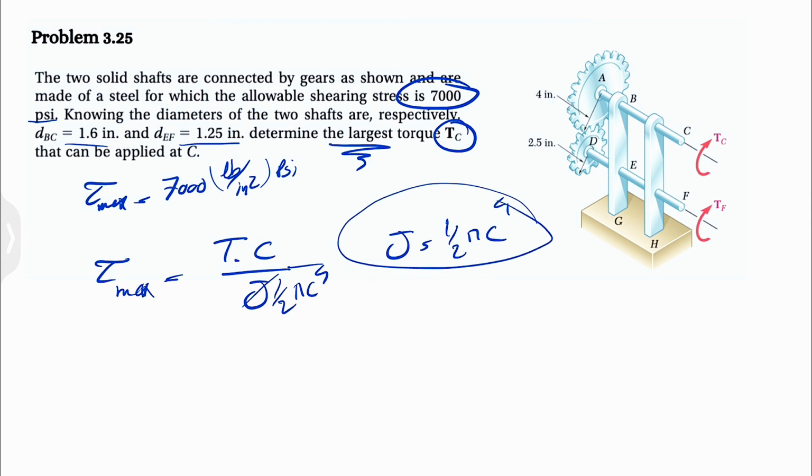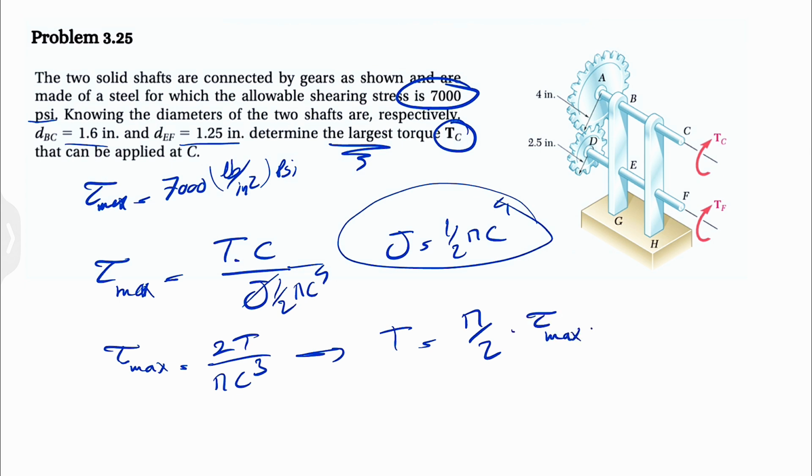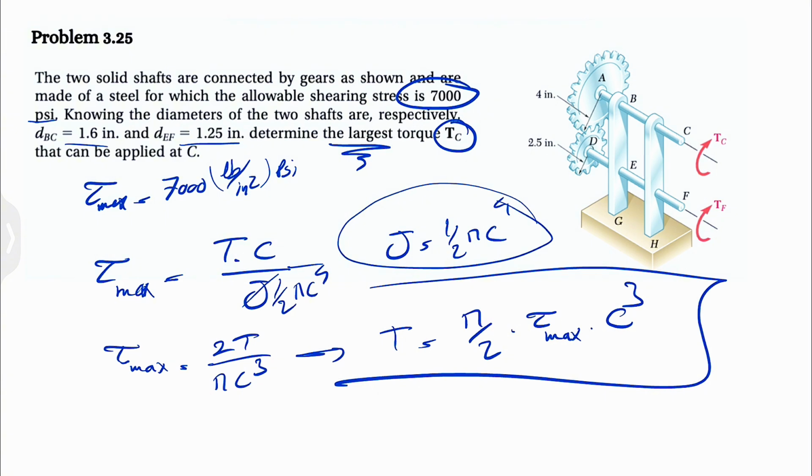So the maximum shearing stress is basically equal to 2T over pi C to the 3. And if we want to find the torque, we have pi divided by 2 times maximum shearing stress times C to the 3. So that's the formula that we're going to be dealing with. We can go with each of them.